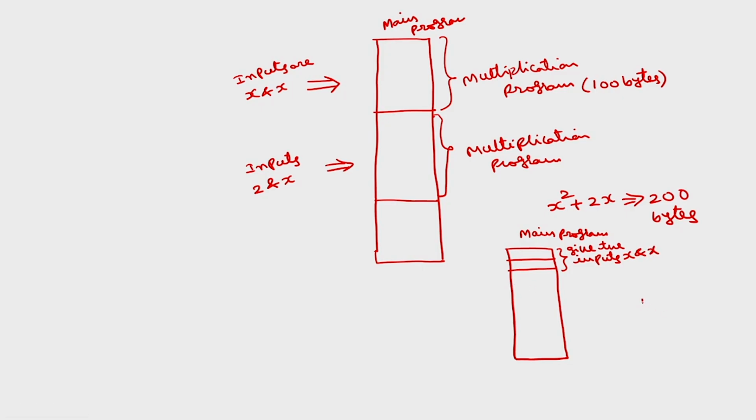Then you write a multiplication program somewhere else. Whatever data you give, this will multiply it and feed the result back to the main program. This particular multiplication program is called a subroutine or procedure.